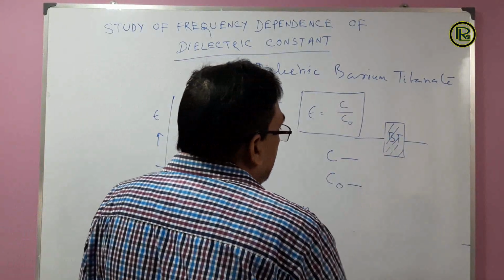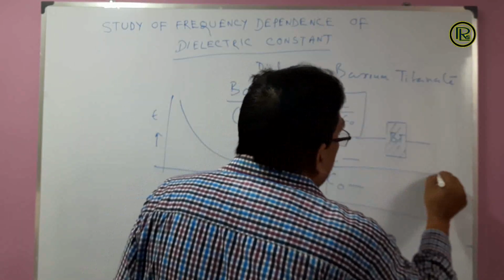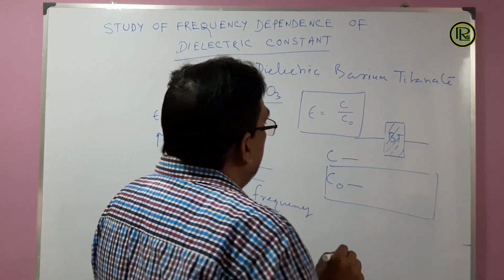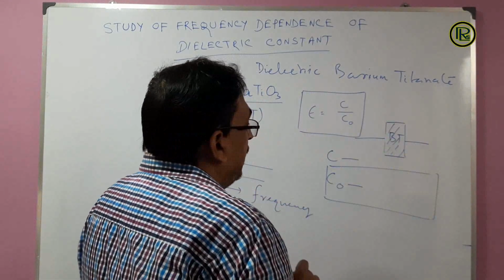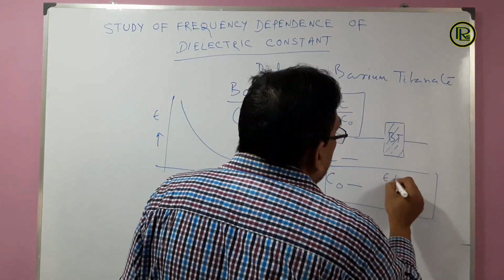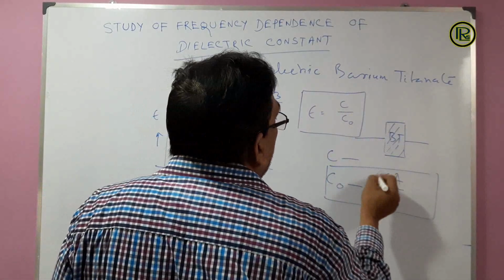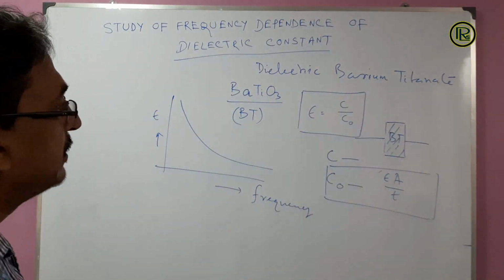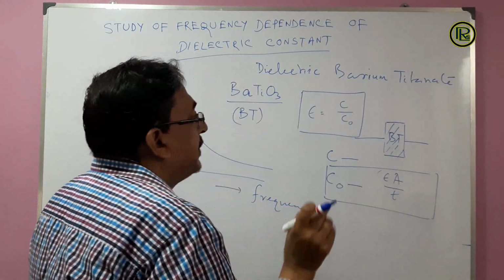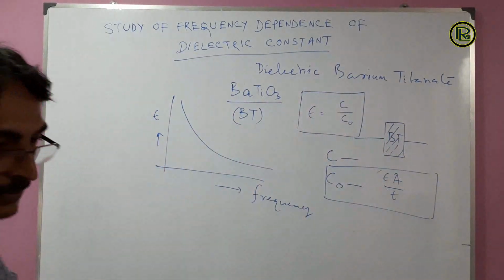Now C0 is related to the area of the capacitor plate and the separation of the plates, like this: epsilon naught A upon T, where A is the area of the sample and T is the separation between the plates.